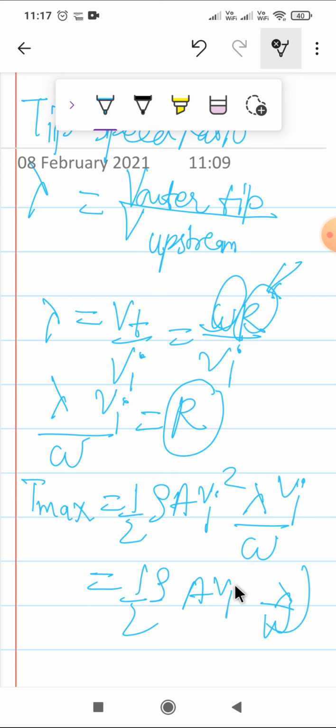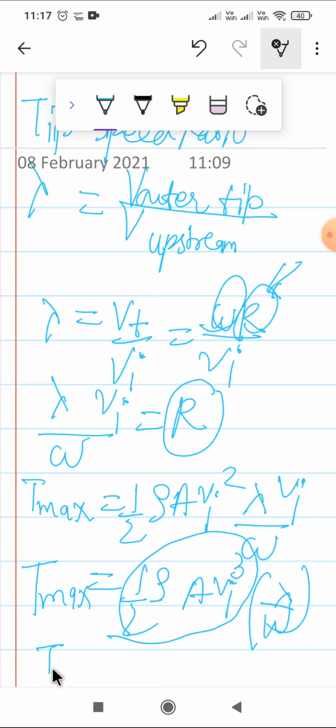So Vi cube lambda by omega. This is the maximum torque value. As we know, 1 by 2 rho a Vi cube is power Pt. So T max is equal to Pt upon lambda by omega.